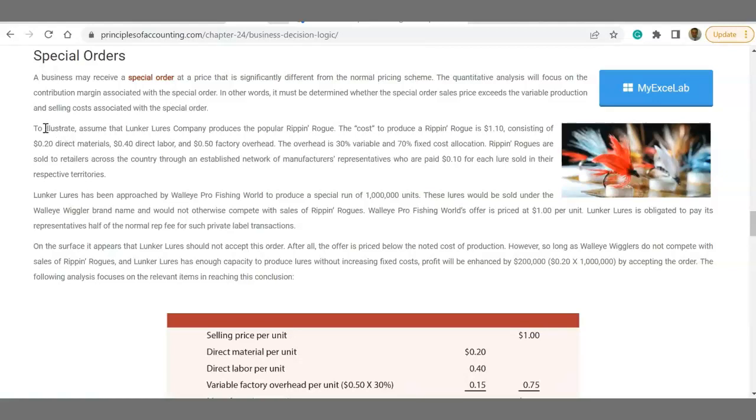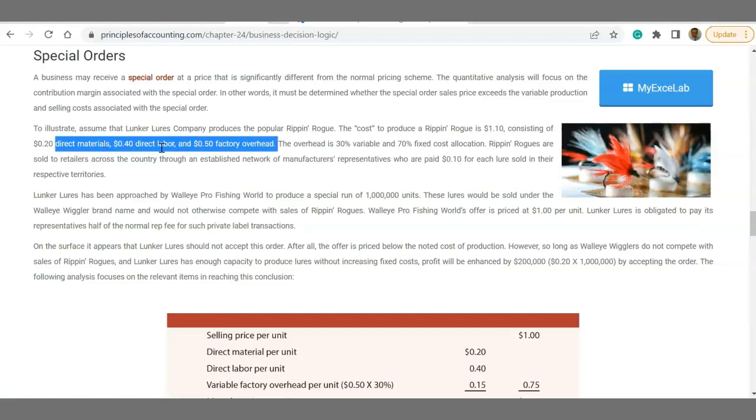So let's say this is an example. Assume that Lanker company produces the popular Ripping Rogue. Okay, I don't know what that is, but anyway, the cost to produce a Ripping Rogue is $10, consisting of 20 cents direct material, 40 cents direct labor, and 50 cents factory overhead.